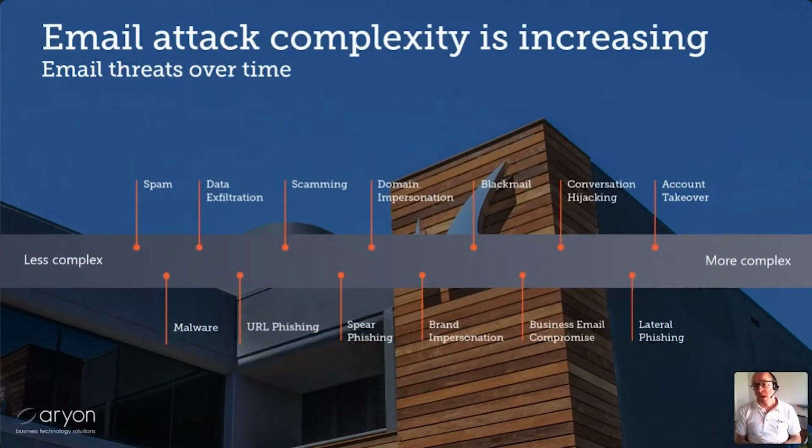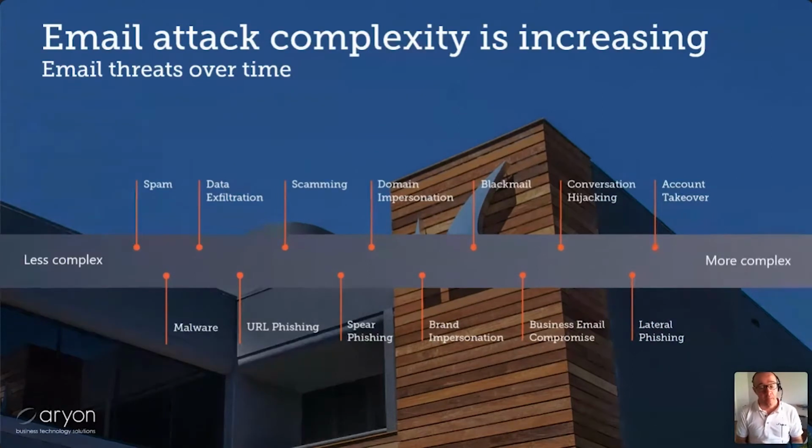So lateral phishing usually occurs when an account takeover occurs. If someone loses their password, they surrender it to a malicious actor. That malicious actor is going to log into that organization's account, and they're going to sit inside their mailbox. Typically, they'll hide this by putting a bunch of mail rules in there so that incoming and outgoing emails get deleted, so the person who owns that mailbox doesn't see it occurring.